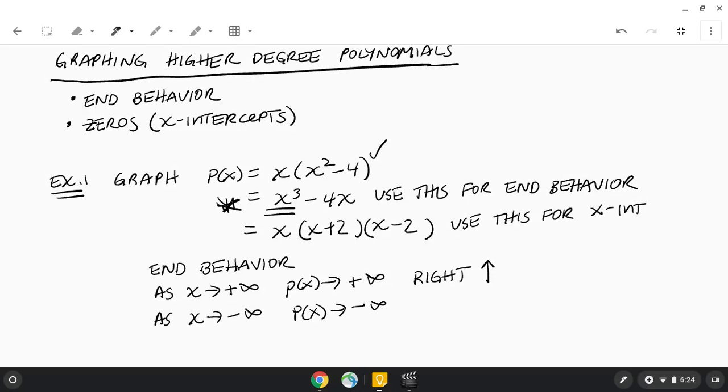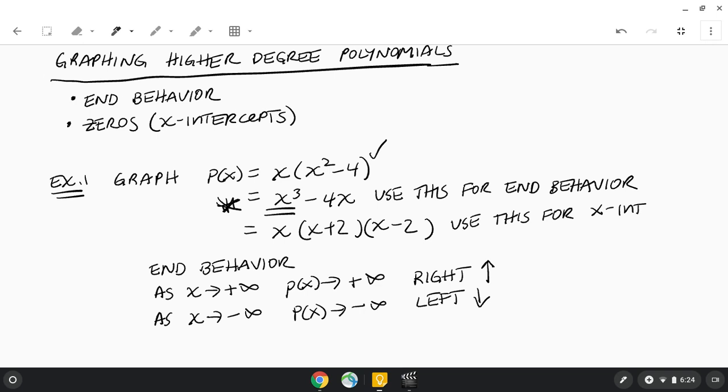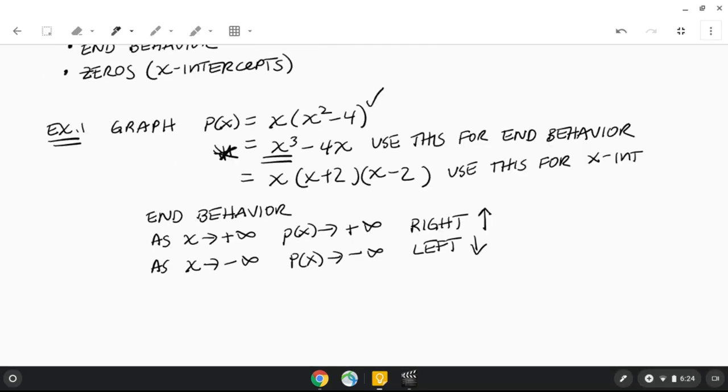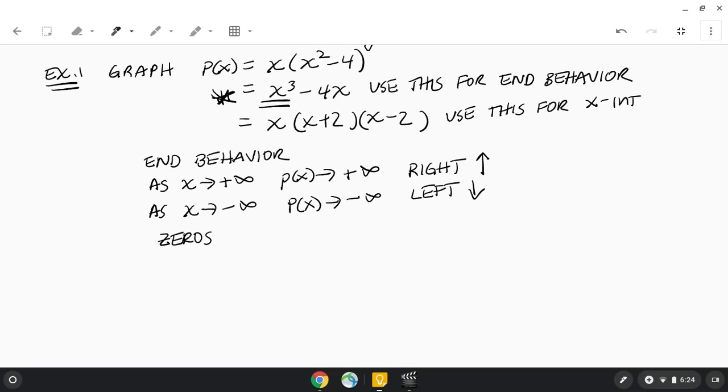Hopefully you said negative. Okay, so that means on the left-hand side, our graph will be going down. Okay. All right, so we know the end behavior. And let's get our zeros, our x-intercepts.